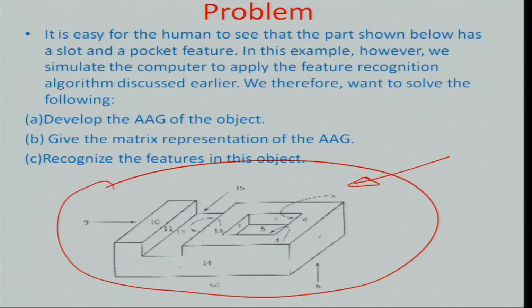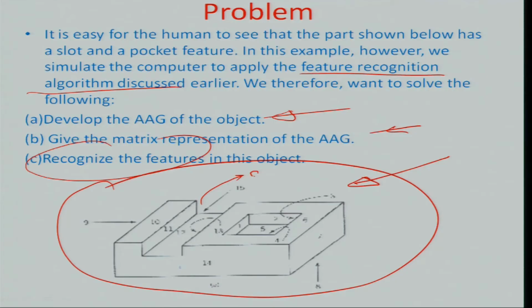So in this recognition algorithm, what is needed is that you develop an AAG model of this object, and from the matrix representation of the AAG you have to recognize that this right here is a slot, for example, which otherwise for a human being is very easy to realize, or this here, for example, is a blind pocket. So how do you actually do that is a big question which you have to program.